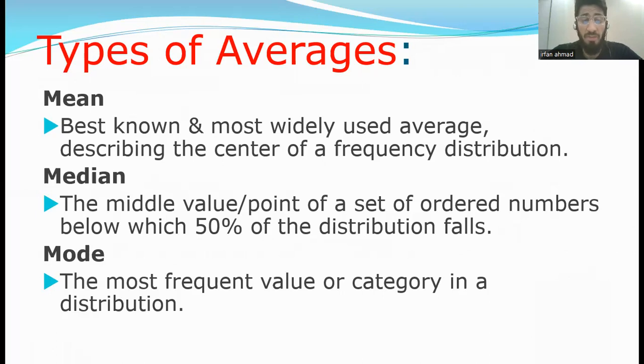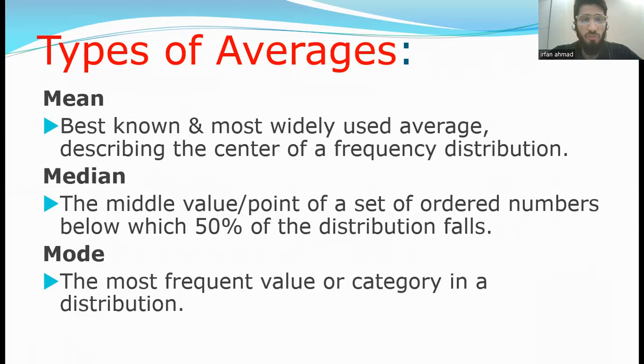But for the median, order is important. For the mode, order is also important. So once we have ordered the data, you find one exact value below which 50% of the distribution falls. This is the median. We will discuss this in the next slide.